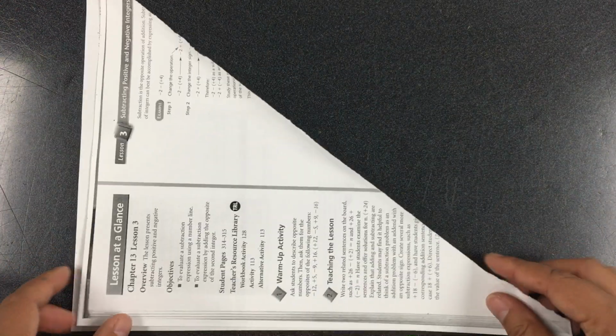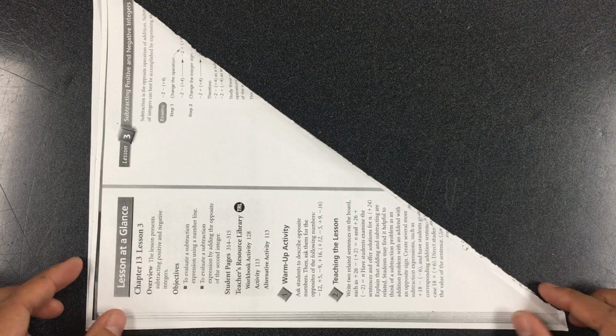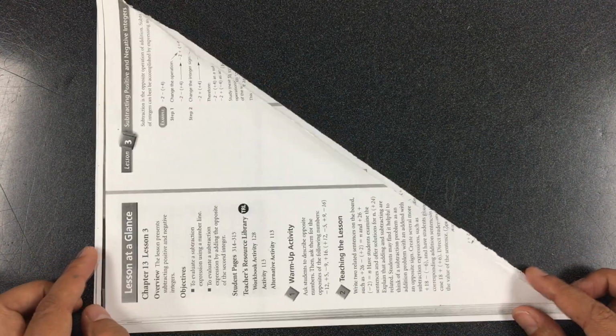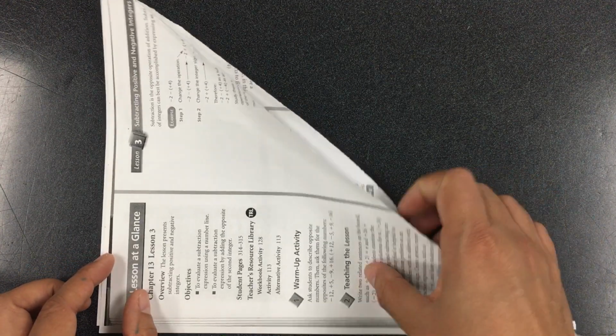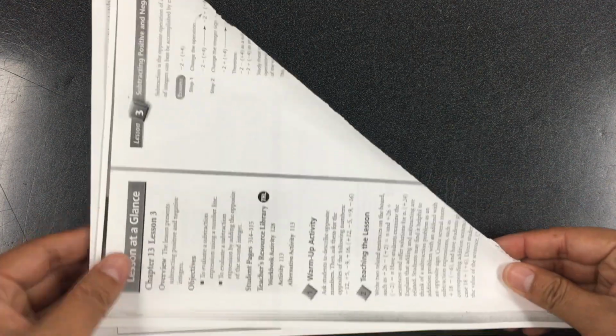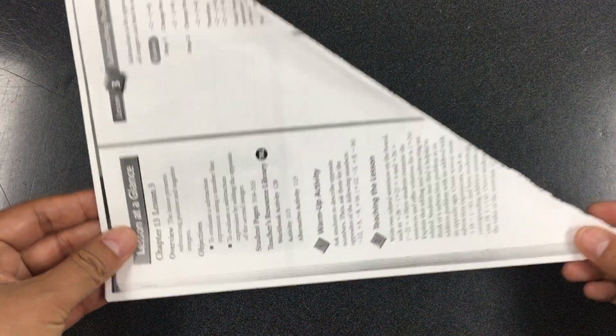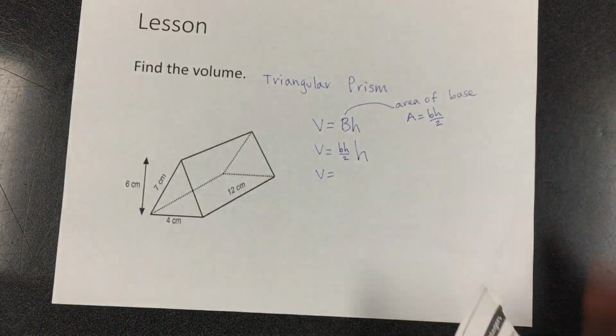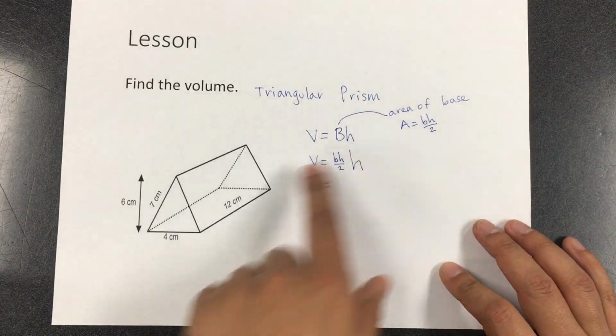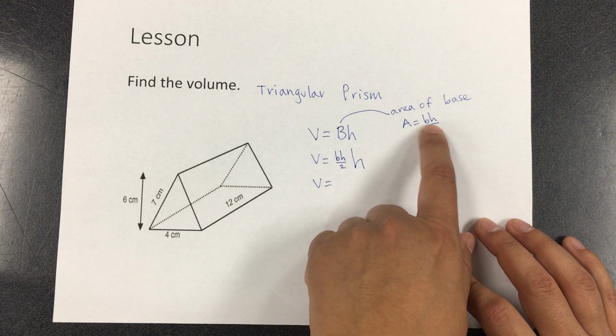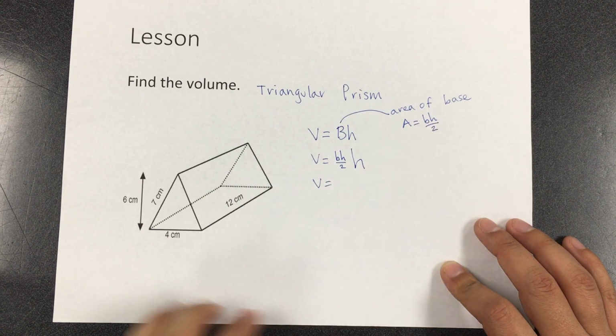And notice what happens when you cut it into 2 different pieces. You get 2 exact, well, with a lot of imagination because it's not perfect, but you get 2 of the same area. So that's why when you have a triangle, it's going to be base times height divided by 2.